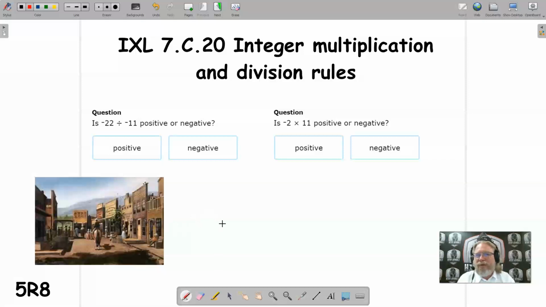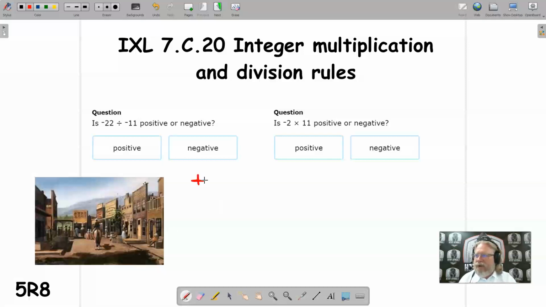So I've always used that story and referred to it as the cowboy town story. During westward expansion, whenever the settlers were moving from the east to the west, they'd stop and set up a town. In order to have a town, you need to have people. So whenever people come to town, that's a good thing.